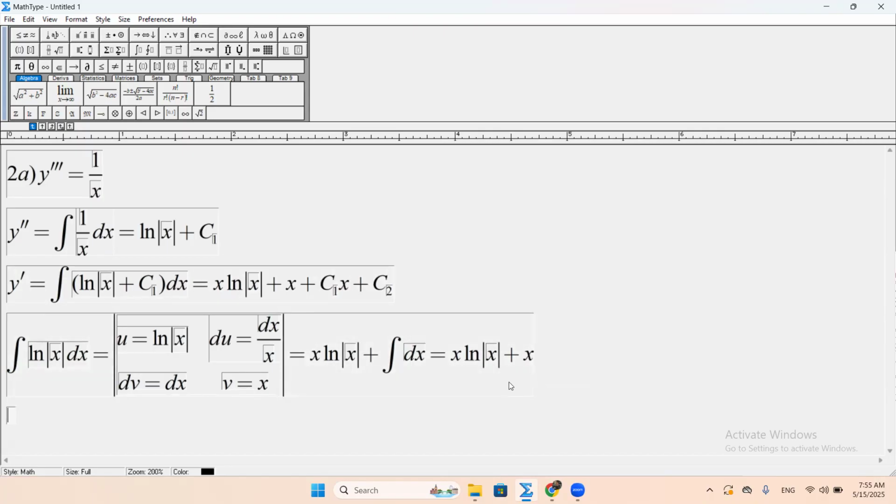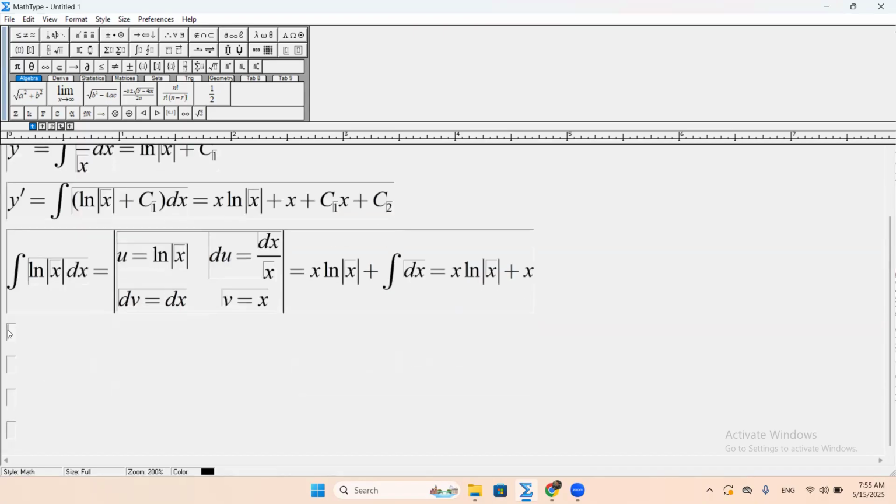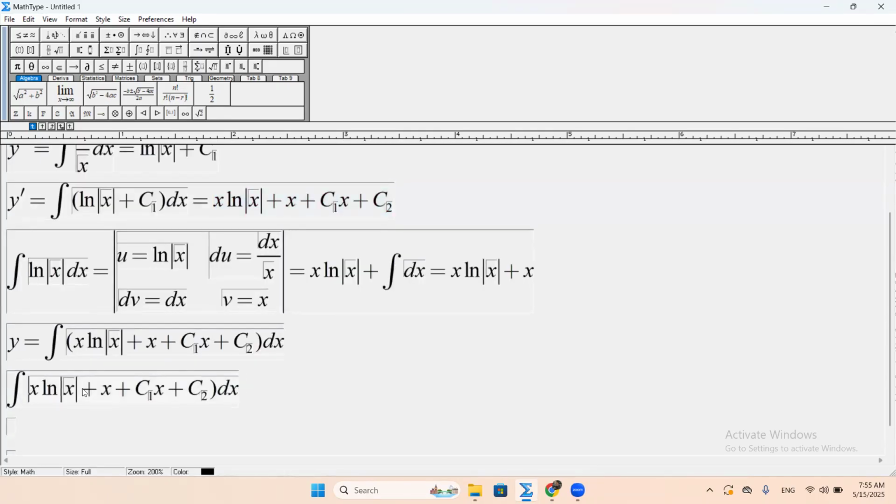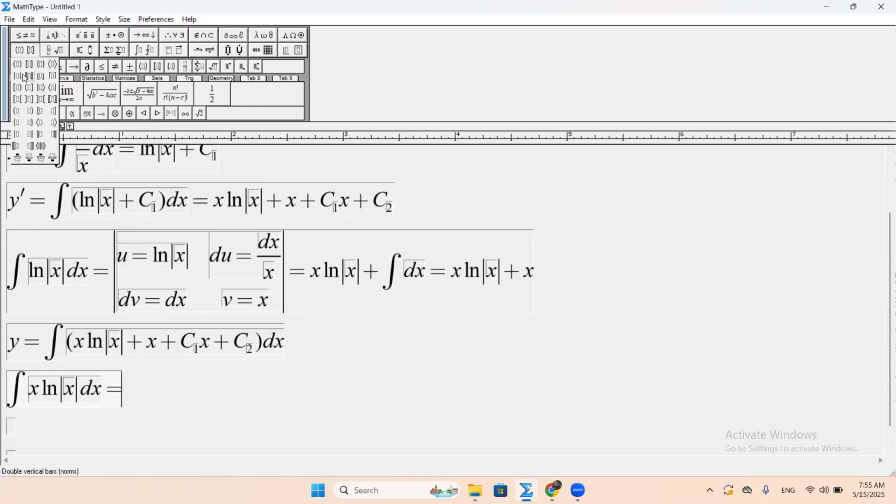And now finally we'll find y. So y will be equal integral of the whole this expression. So which integral is interesting for us here is integral of x by logarithm. So again, it will be integrated by parts.